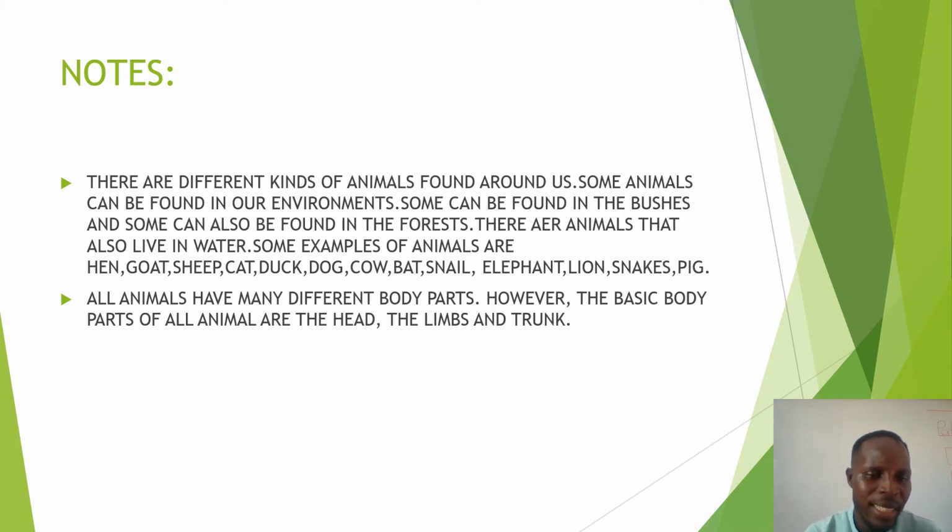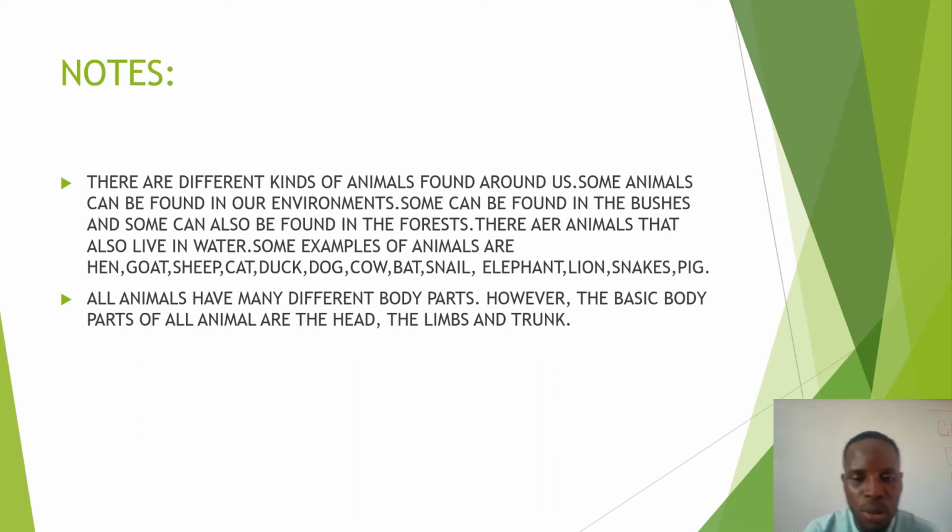All animals have many body parts. However, the basic body parts of animals are the head, the legs, and the trunk. So the main body parts of an animal are three: the head, the limbs, and the trunk.